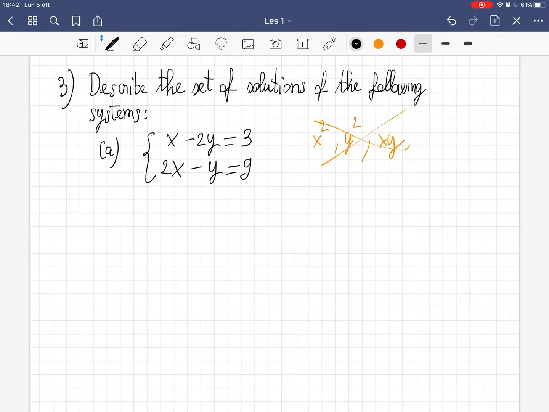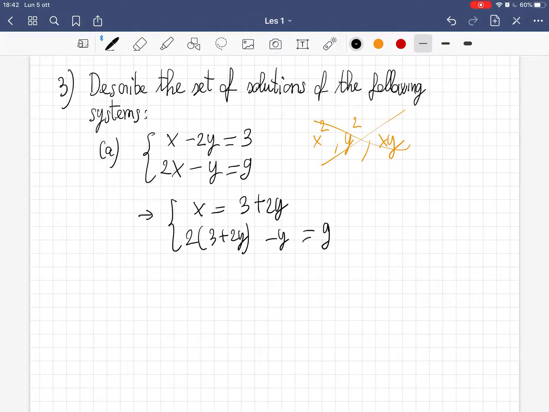Let's see. So you have this, and normally what you could do is just manipulate it. So find, for example, x from here, and you get x is equal to 3 plus 2y, and then substitute x in the other equation below, and this means that you have 3 plus y minus y is equal to 9. Okay, and then you just go on solving things.